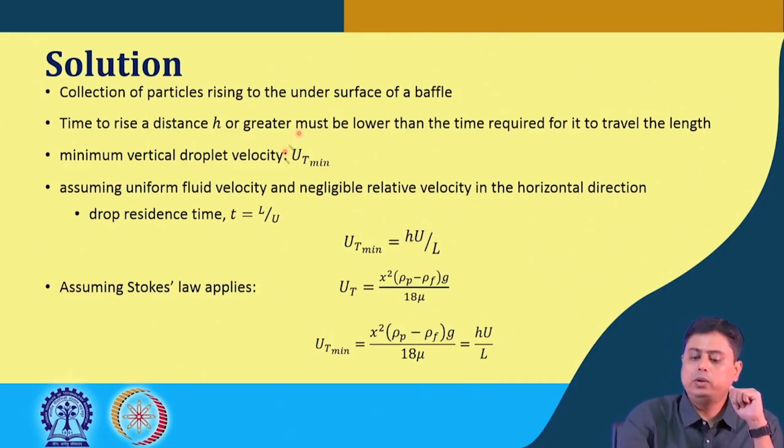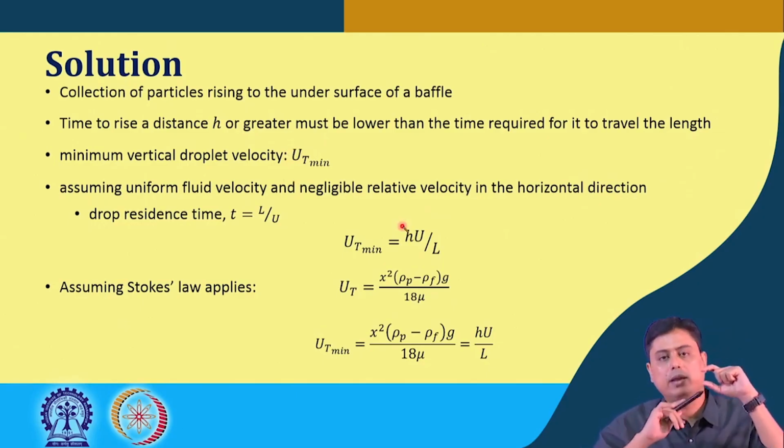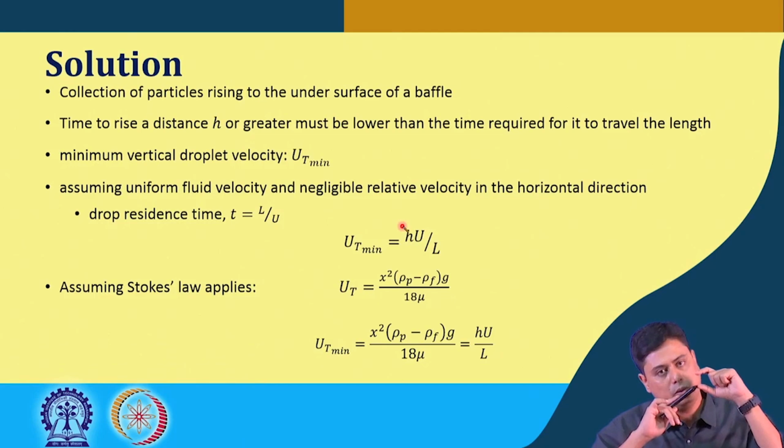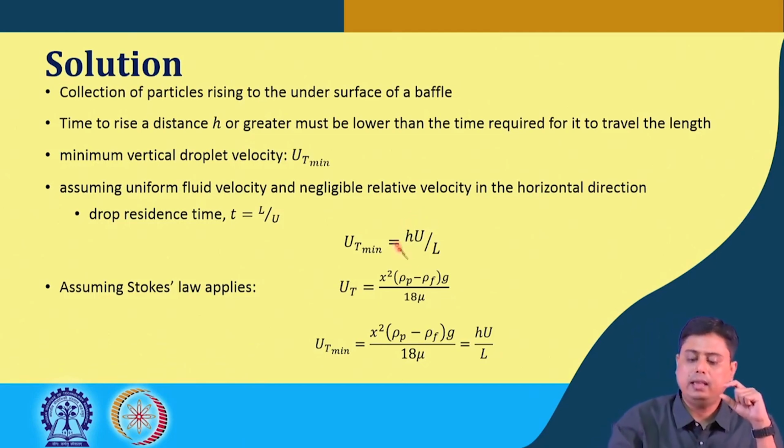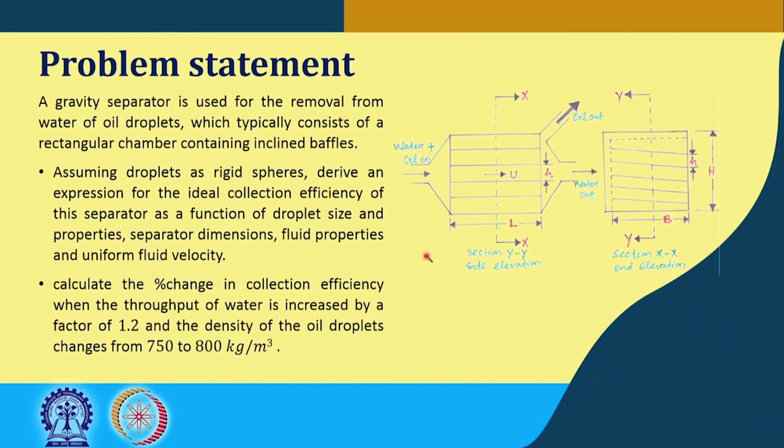So, this ut minimum has to equal this value, that it has to travel a minimum of h distance in the time L by U. So, ut minimum has to be h times capital U by capital L, where capital U is the fluid velocity, h is the distance between the baffles or the inner distance between the baffles, and L is the length of the rectangular chamber.